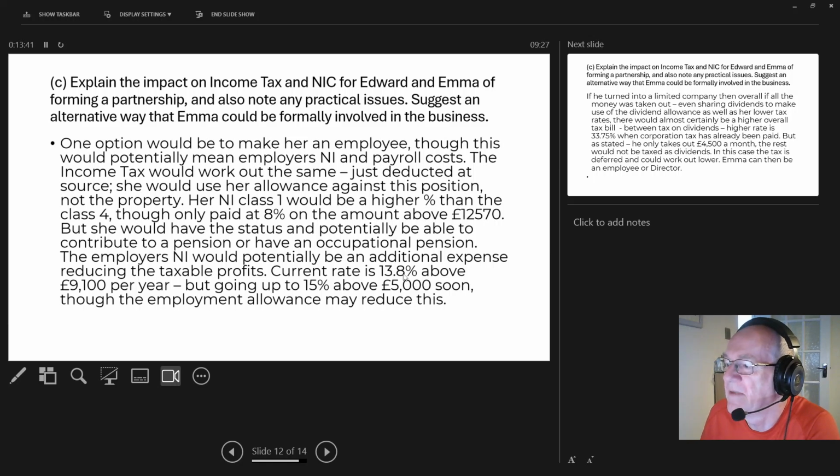Current rate 13.8% above 9,100 per year, but actually everybody knows it's now gone up to 15% at the time of recording, and above £5,000. So on somebody on £20,000, that's almost double the bill. Although the employment allowance, which has to be claimed, may reduce this. Very awkward when you're employing your wife.